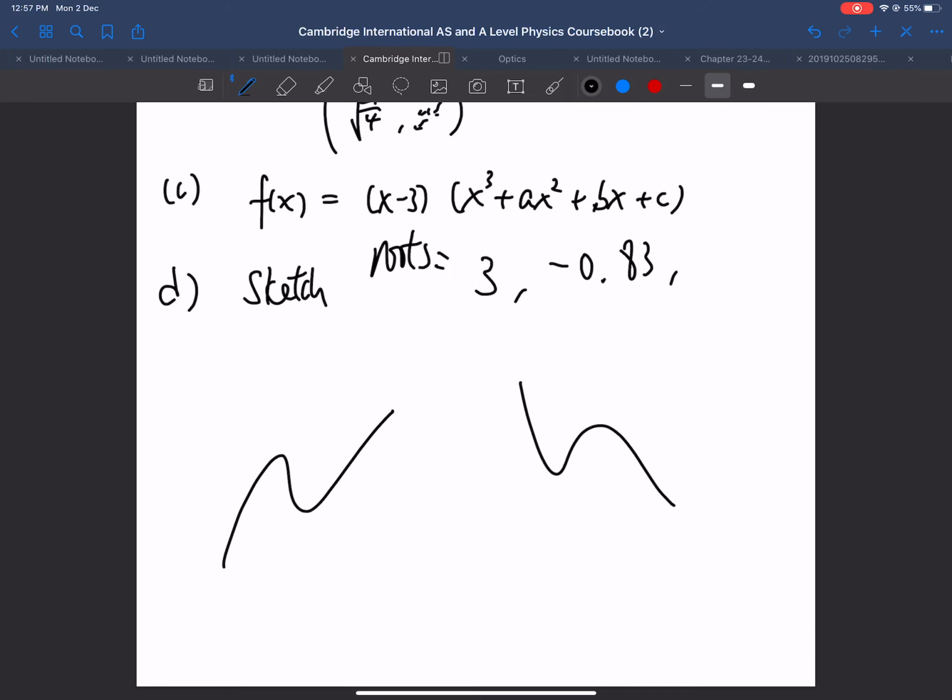For all degree 4 polynomials, it looks like either a W or an M. It has 4 roots, and 2 of them are complex roots. That means it just intercepts the x-axis twice. So you can draw it by yourself.